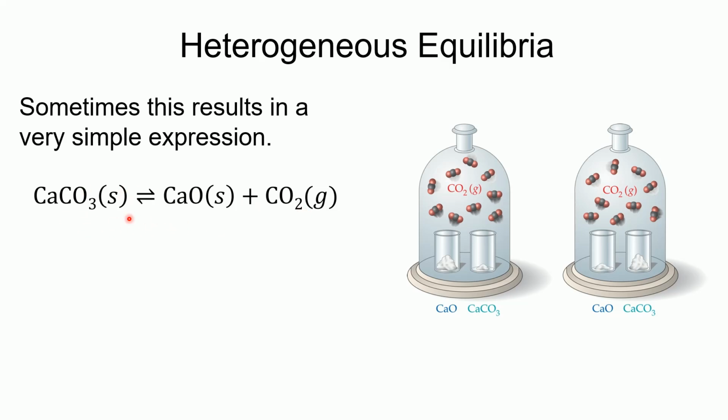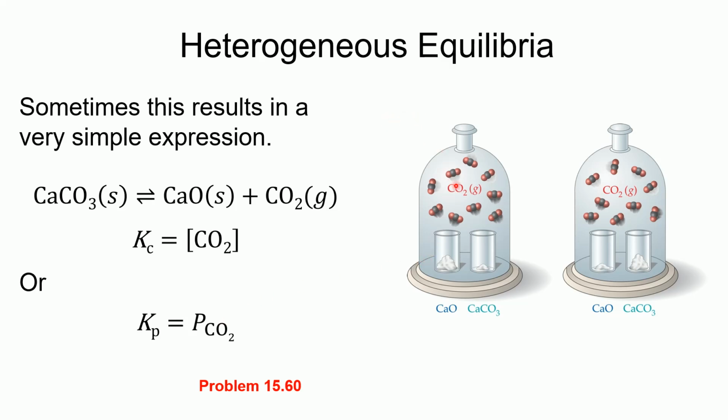You'll notice that both of these are solids, so neither one of them will end up in the expression. And so our equilibrium constant will simply be Kc is equal to the concentration of CO2. We could, if we wanted, write that in terms of Kp, and that would simply be Kp is equal to the partial pressure of CO2.